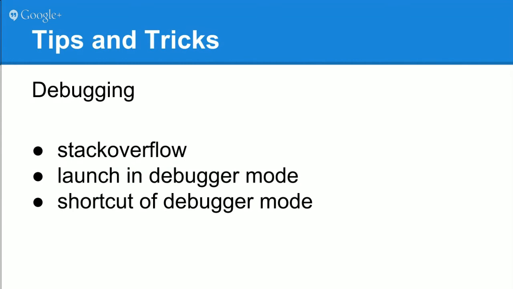Just Google it, read through the answers, and as you solve more and more errors and problems, you become more proficient with Android Studio and Java coding. You take a look at how other users are tackling the same problem in different ways, and which one is better. Then I'll show you how to launch in debugger mode and a shortcut for debugger mode.